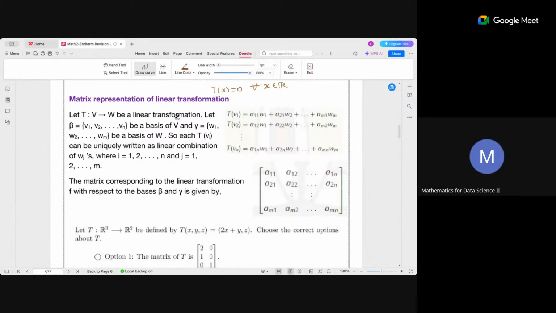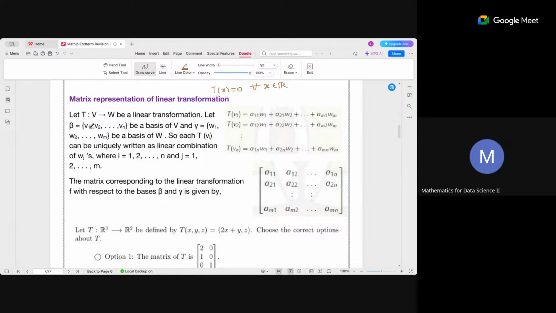Okay, so what is a matrix representation of a linear transformation? You have a linear transformation T from V to W. This is an important part of this week 6, so please pay attention. You should have a basis for the domain as well as a basis for the codomain to write the matrix representation.